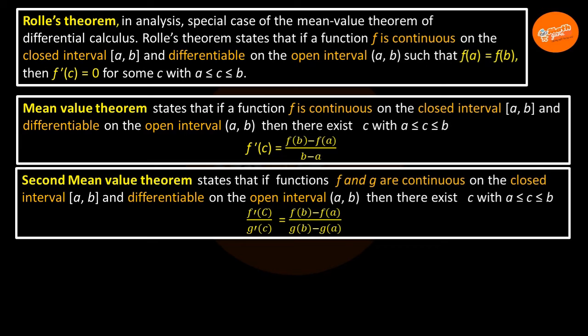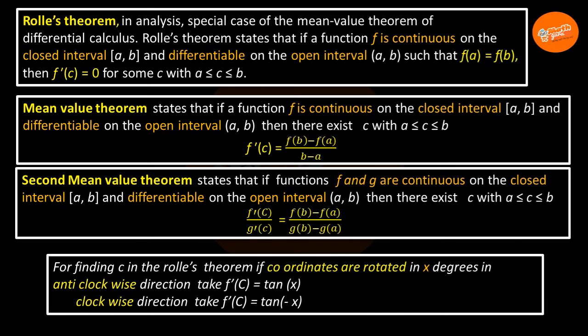Then the second mean value theorem has similar conditions and two functions: f'(c) divided by g'(c) equals (f(b) minus f(a)) divided by (g(b) minus g(a)). If we put g(x) equal to x, then we get the mean value theorem.